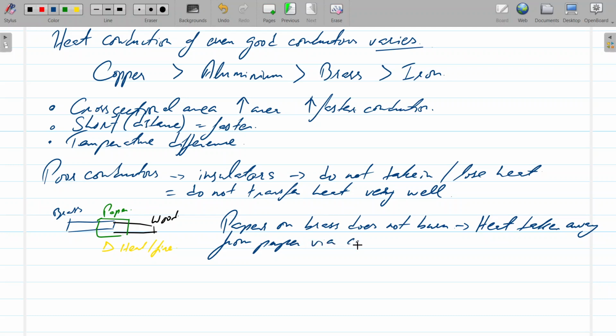Via conduction. And so the paper doesn't burn. But when they put it under the wood, it burns.